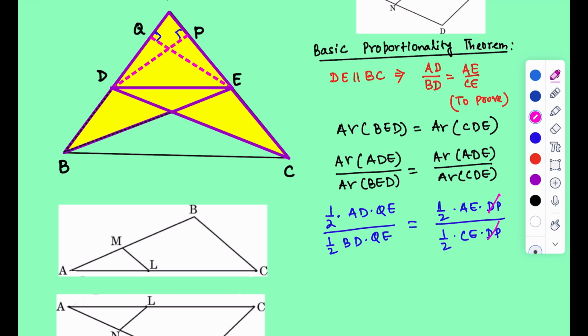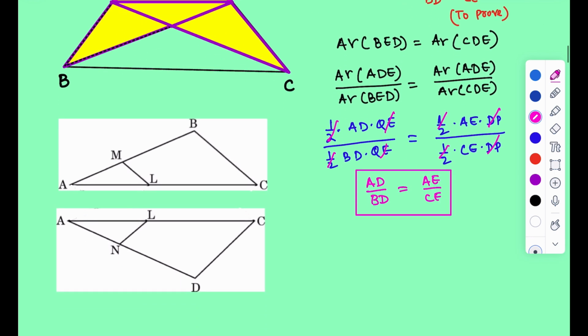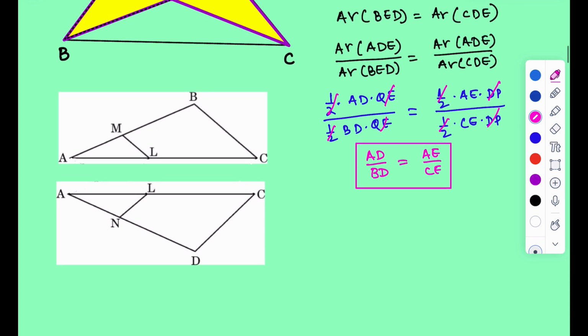DP cancels out, QE cancels out, half also cancels out, and we find AD by BD is equal to AE by CE. This is proved.